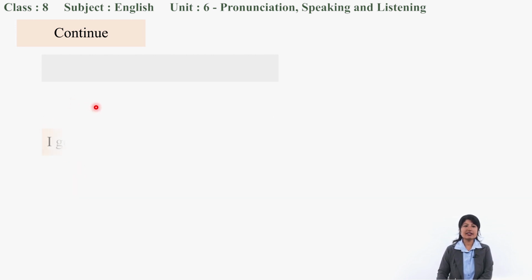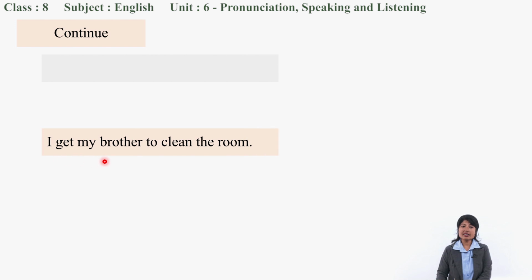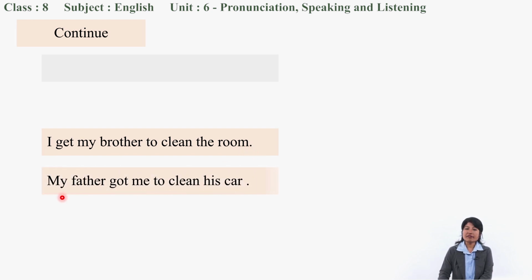Then what is next? I get my brother to clean the room. My father got me to clean his car. Okay, which causative verb is used over here? Get, right? Get, got, gets.